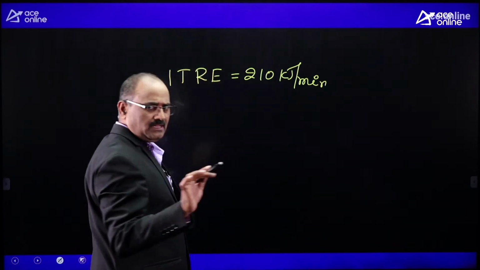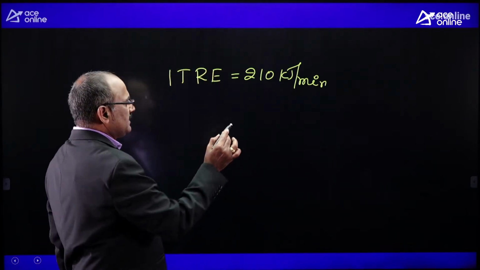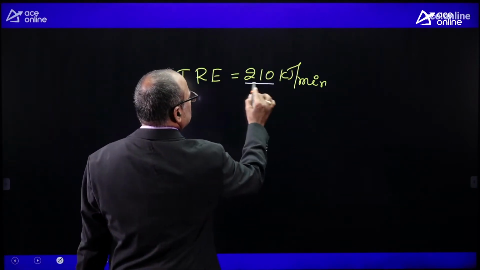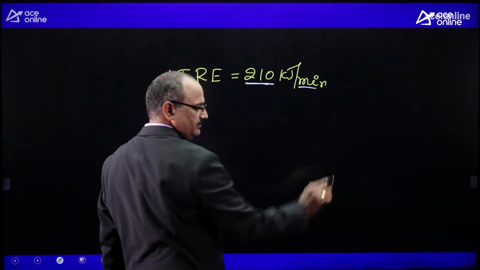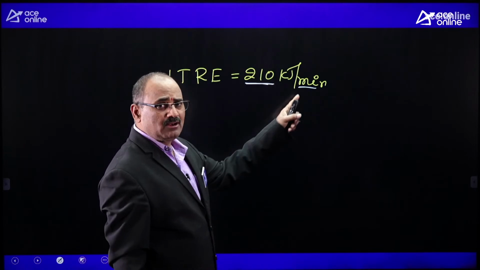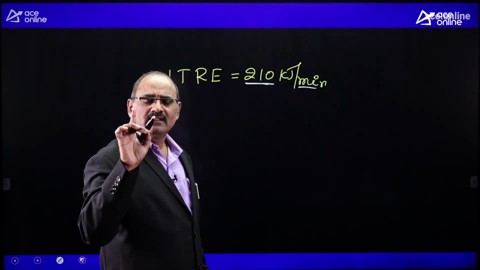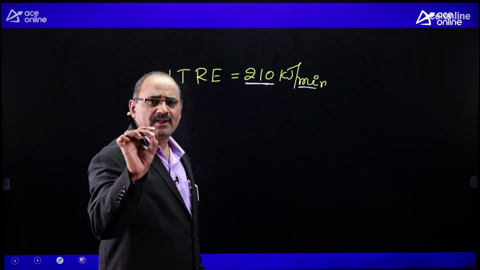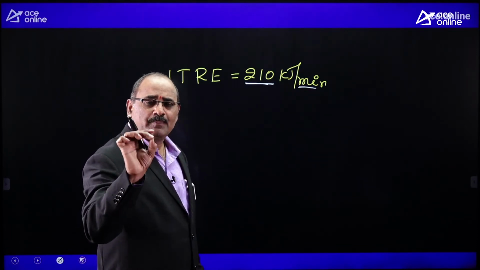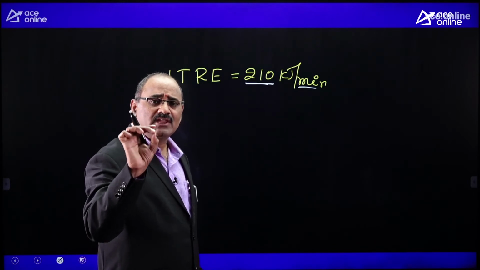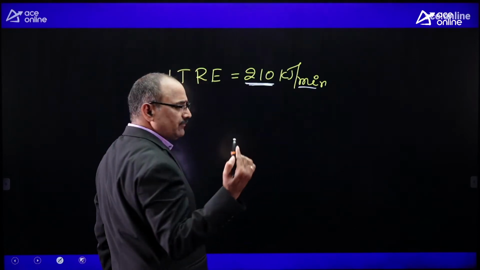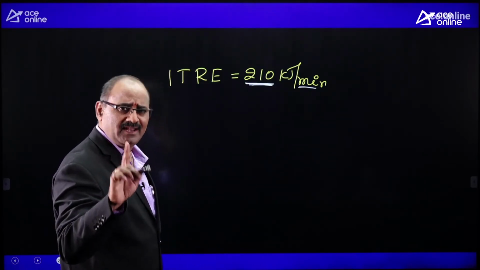Its physical meaning is, for removing 210 kilojoules of heat energy in 1 minute, you can select the air conditioning unit of capacity 1 ton. 1 ton capacity air conditioning unit is sufficient for the removal of 210 kilojoules of heat energy in a minute.